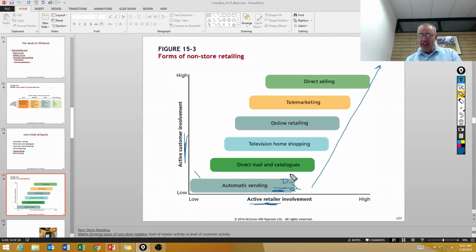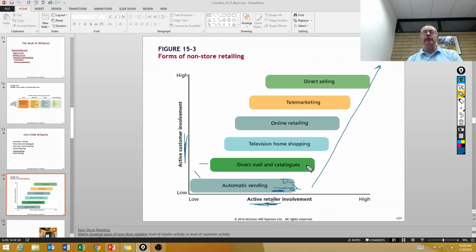Okay, so next form of non-store retailing, kind of moving up the level of active involvement of retailers and customers, is direct mail and catalog sales. So this is where the store has catalogs, you find them in your mailbox, and then you go on the internet and buy, or you pick up your phone and you buy from them.